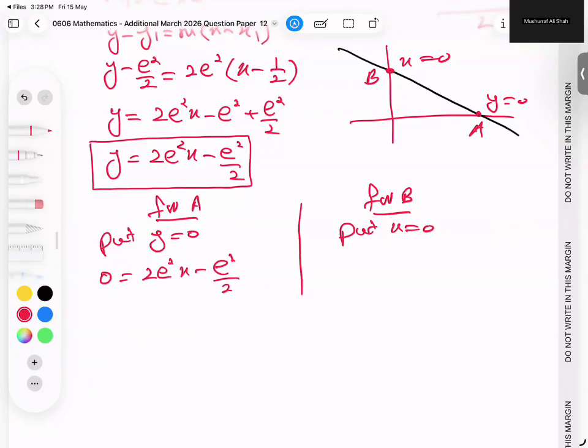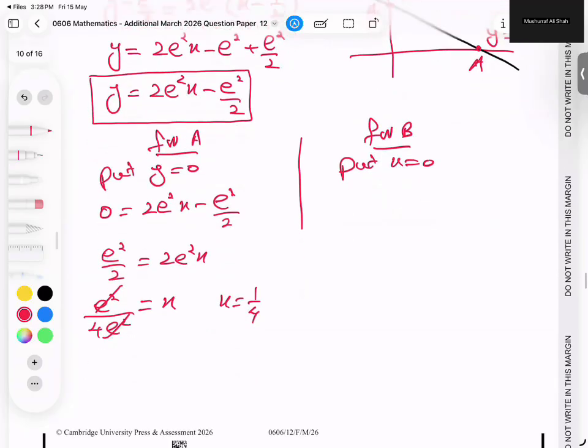This completely goes to the other side, so this comes down and I get 1 over 4. So when I plug in this here, e square is already available, 2 and 2, 4, e square cancels out, and I get 1 over 4. So x is 1 over 4 and y is 0. This is my answer number 1.